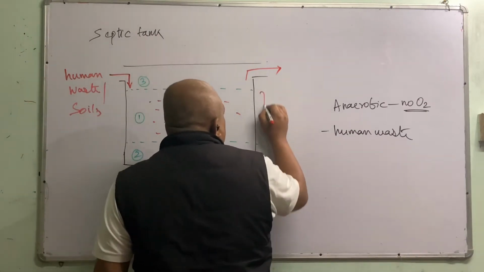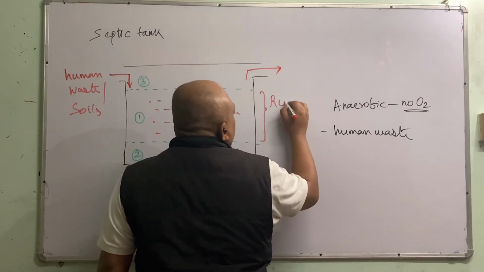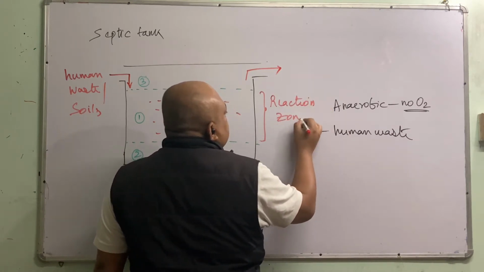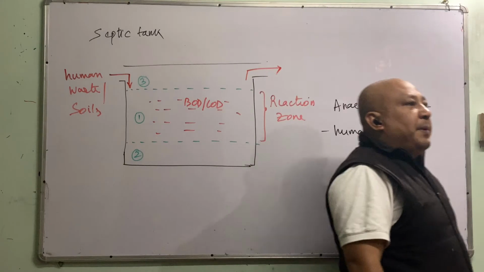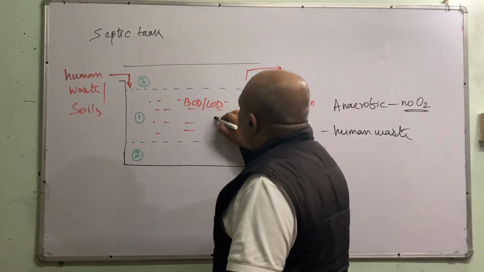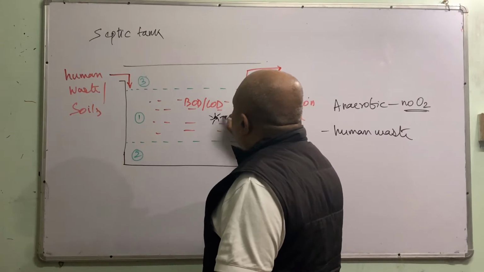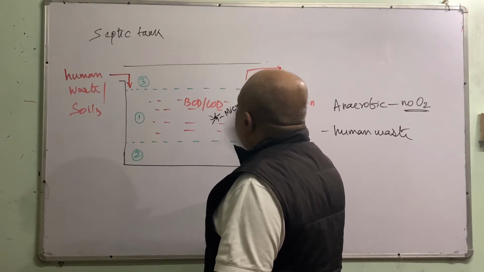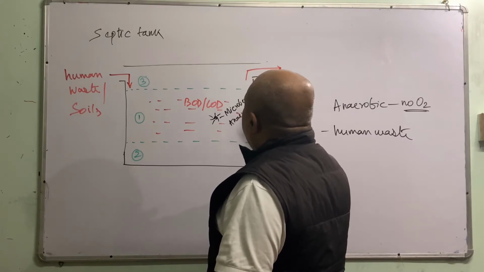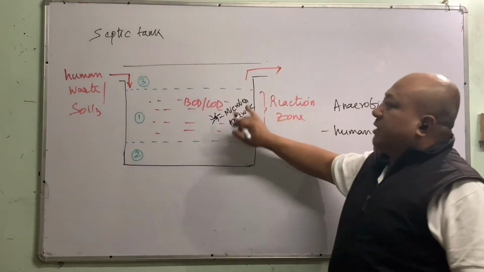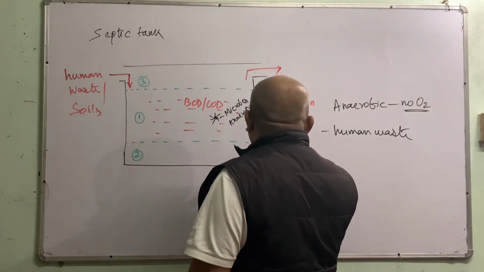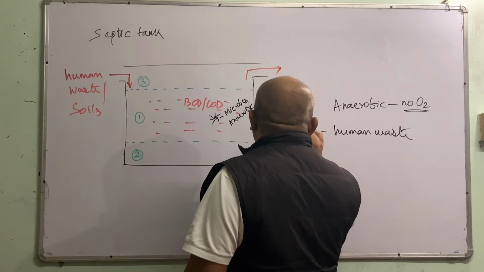This is going to be the reaction zone. Here, all the biological processes by the anaerobic bacteria will be happening. This BOD and COD are the food of the microbes. These are the microbes, anaerobic. They are going to eat the material, so this requires some particular detention time or HRT.